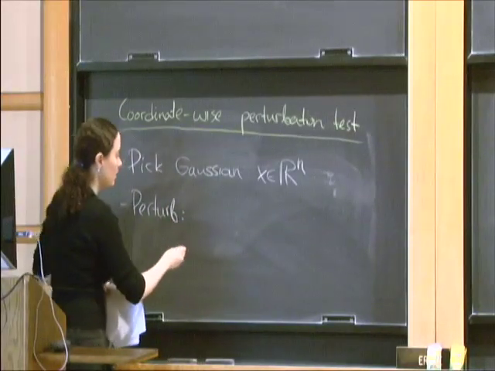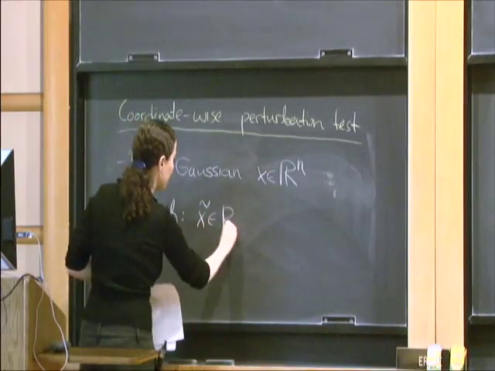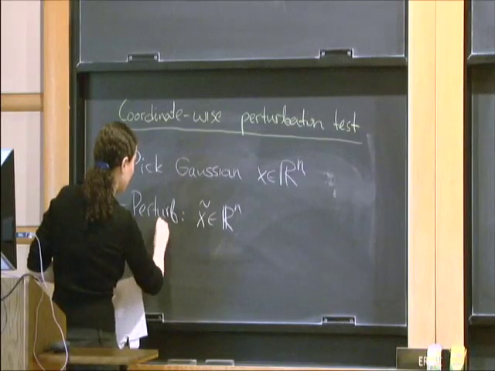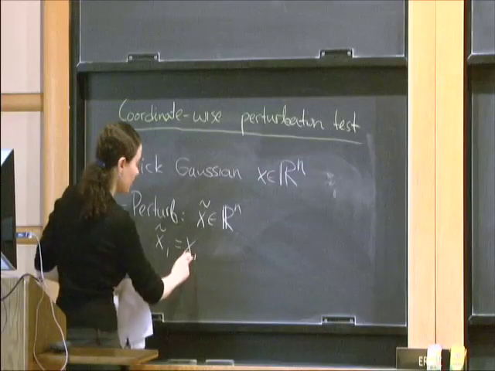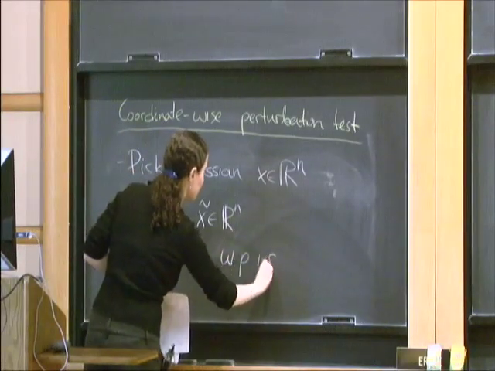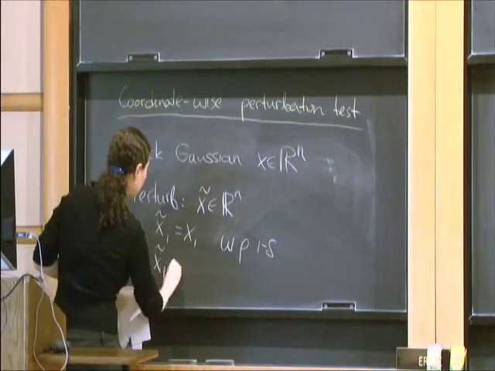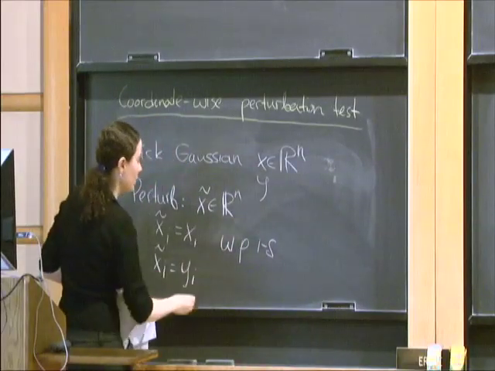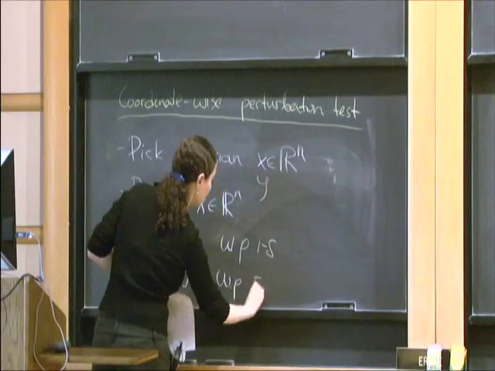We'll get x tilde in R^n, where for every i, x tilde i will equal x_i with probability 1 minus delta, and will equal some new y_i, which will also be a new Gaussian, with probability delta.